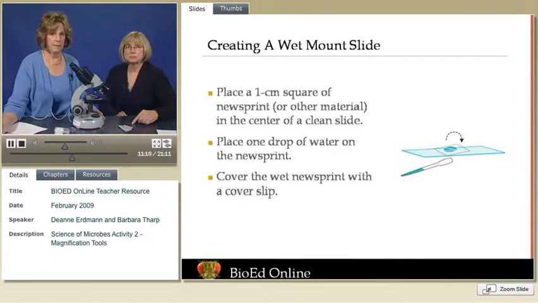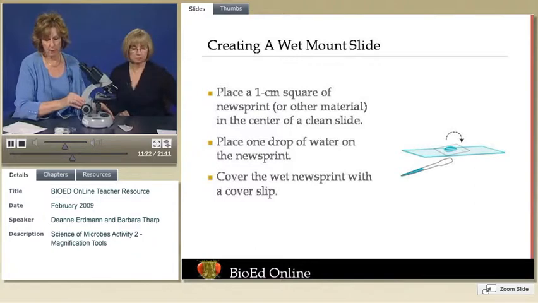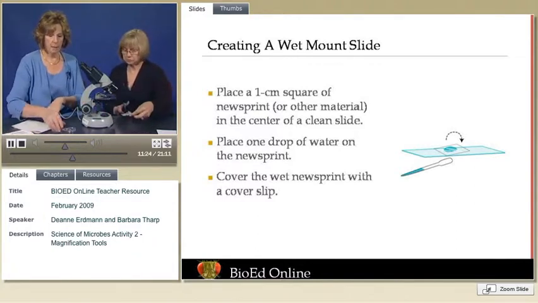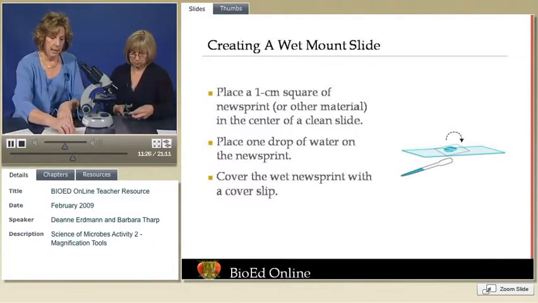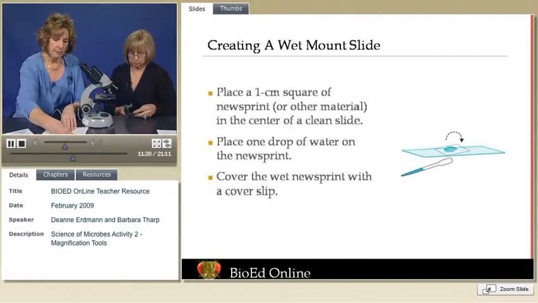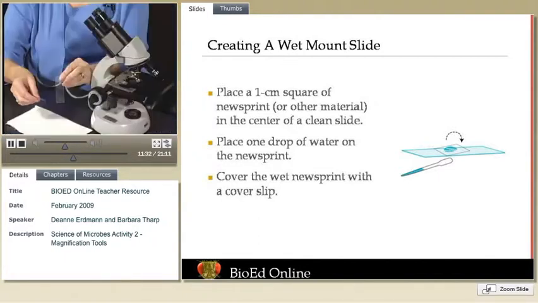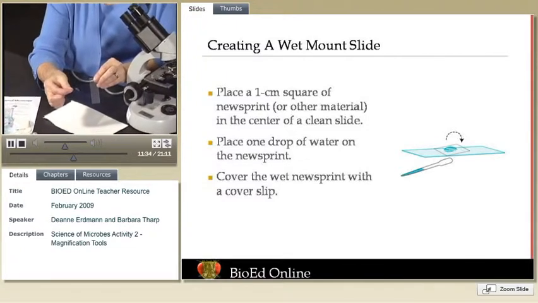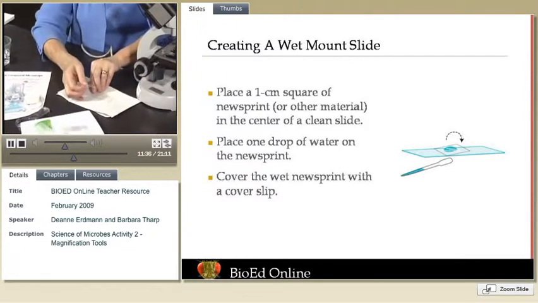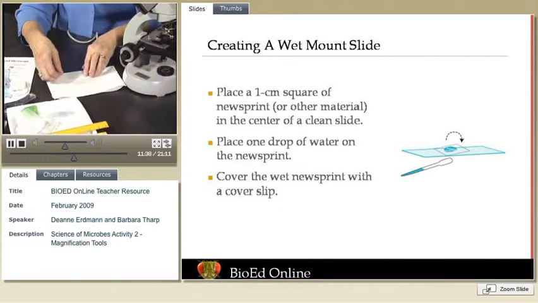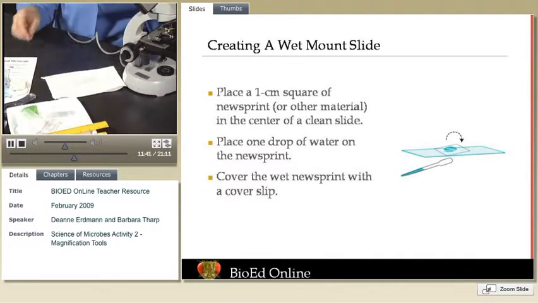Now then, when we are viewing different kinds of things underneath the microscope, we want to do what's called a wet mount. And I'm going to take a plain, clean slide. I'm going to take a small cover slip, and I will put the slide down usually on something absorbent like a paper towel.